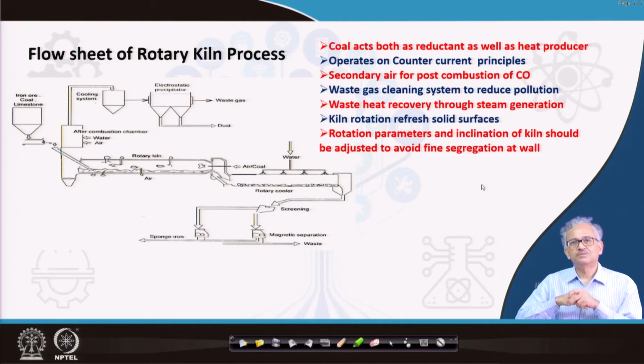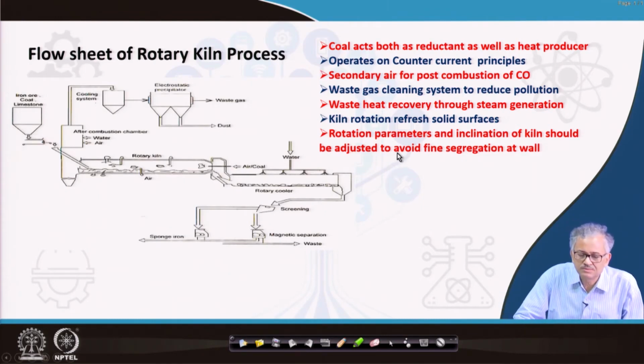So that you can reduce by controlling the rotation parameters and inclination of the kiln. So this is very important, because if the fines segregate on the walls, they will fuse, because the wall is very hot, and they will fuse also, because the fines contain a lot of gangue material. So if the fusion point of the slag or the ash content of the gangue exceeds, in that case the ash can melt and it can form what is called accretion formation.